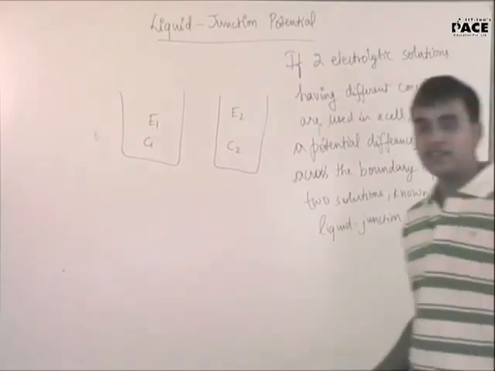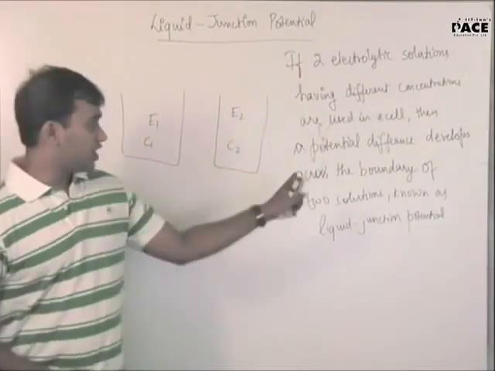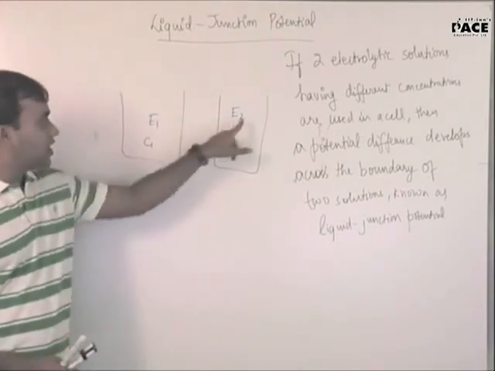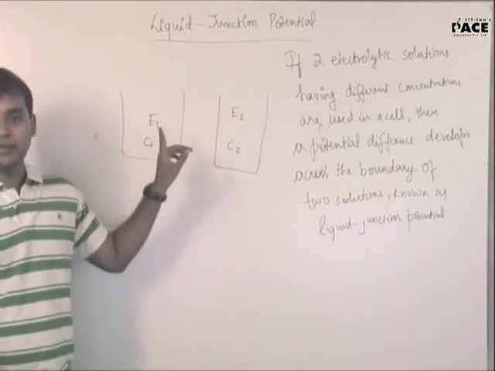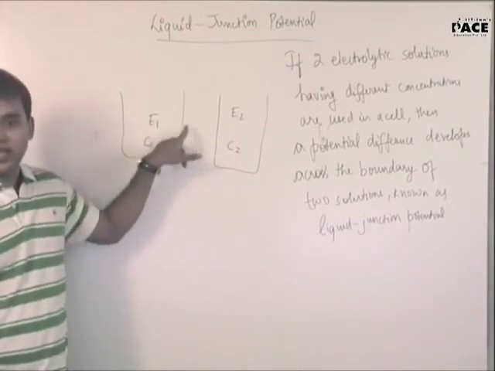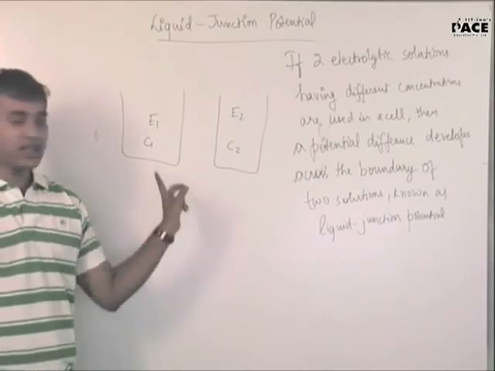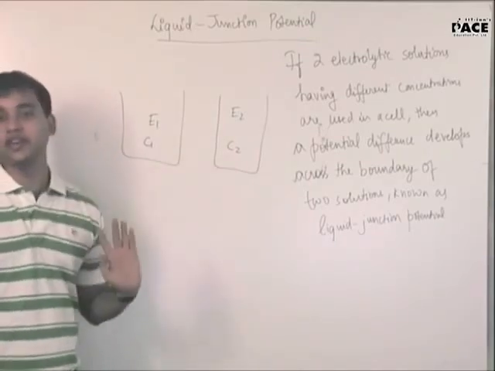Now what is going to be the case is, this junction potential is going to be minimized if I take both the electrolytes as same. For example, if I take this also as electrolyte 1, I take this electrolyte also as electrolyte 1, and I take both the concentrations to be different.